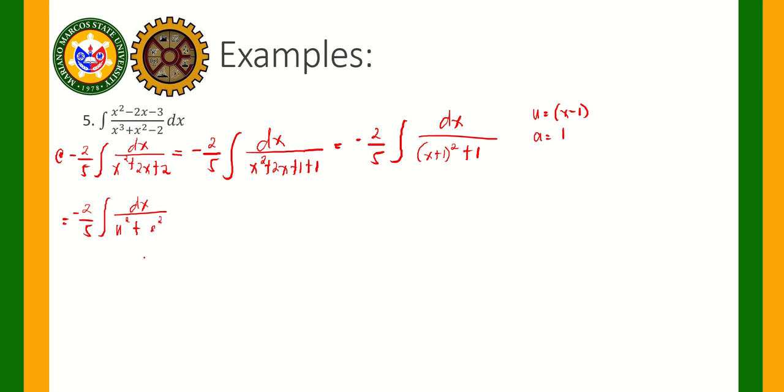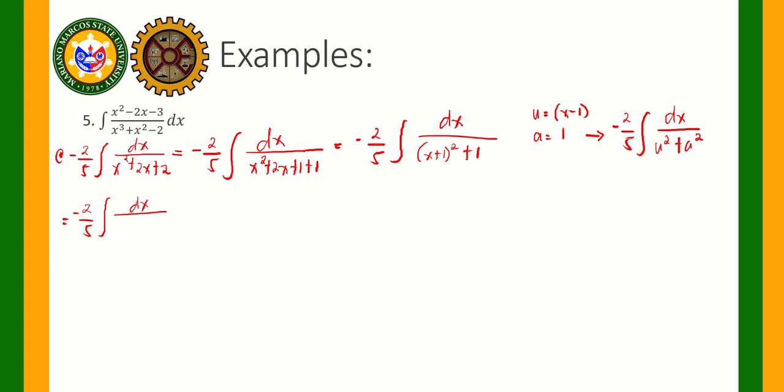So this can be written as negative 2 over 5 the integral of dx all over u squared plus a squared.